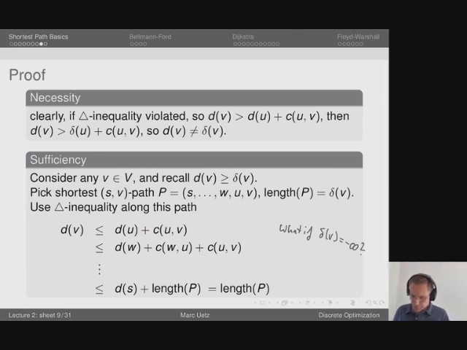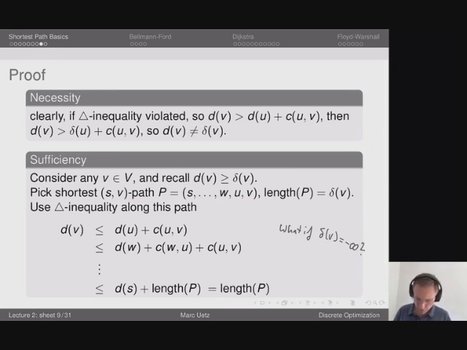Now what if, that is what I just skipped, what if delta of V is minus infinity? Well, actually also then the same argument is true, with the only exception that a finite shortest path doesn't exist. But we could do that for any path which is then walking along negative length cycles.